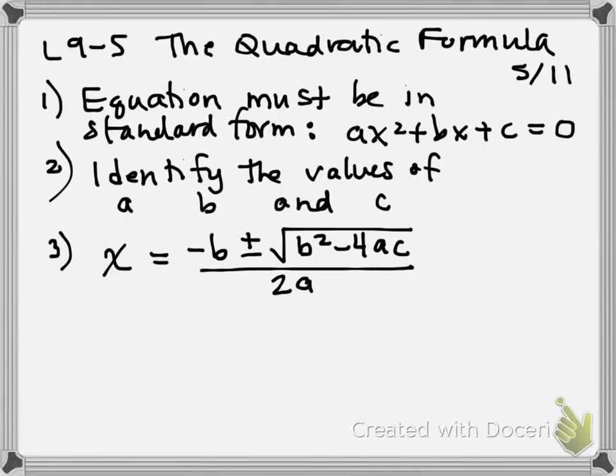X equals negative b plus or minus square root b squared minus 4ac all over 2a. Okay, last one's on you. This is going to be scary. Ready? 1, 2, 3. X equals negative b plus or minus square root b squared minus 4ac all over 2a.